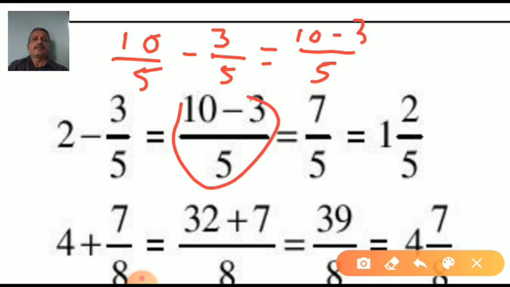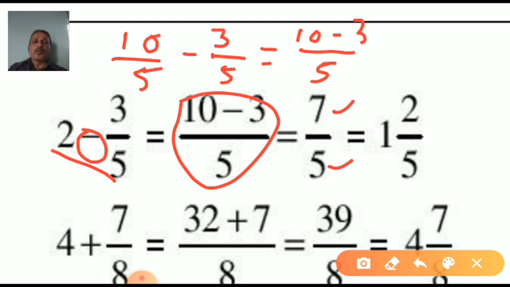Is it this? So don't be confused. Some students directly multiply this one. 2 5s are 10, 10 has to be written here. What is the sign here? Minus sign. Put it there. And what is the numerator of the second number? 3. Yes. Now you know these things very well. 10 minus 3 is equal to 7. And 5 is the denominator here.